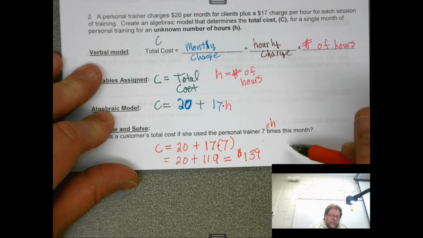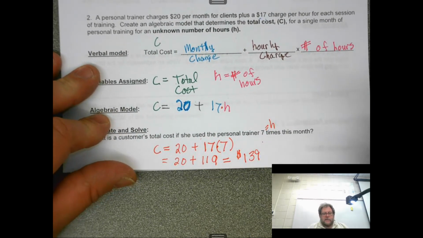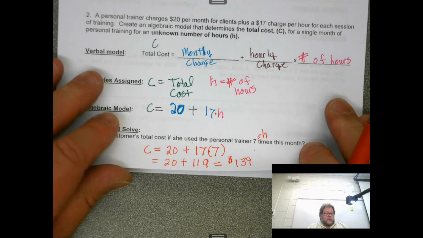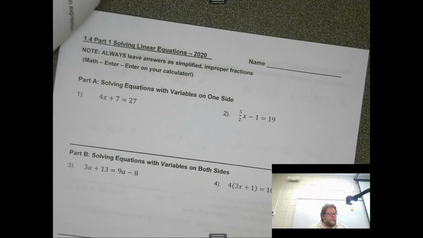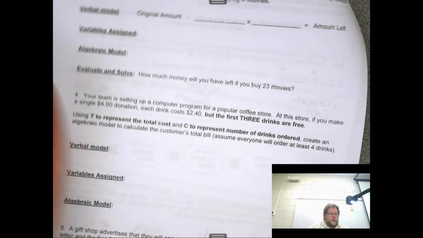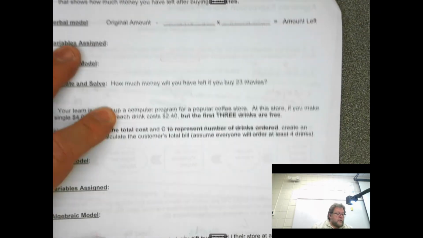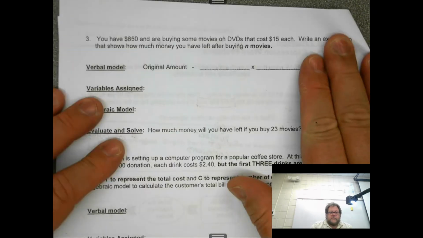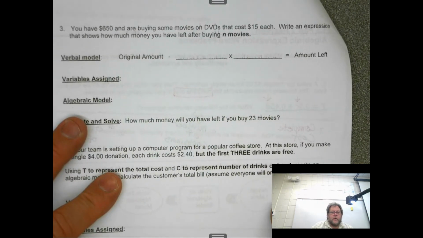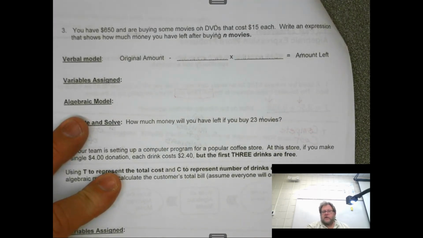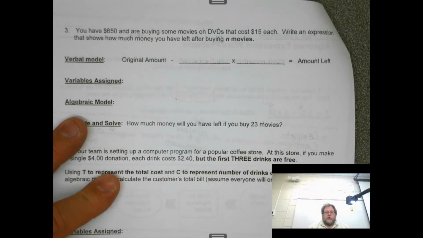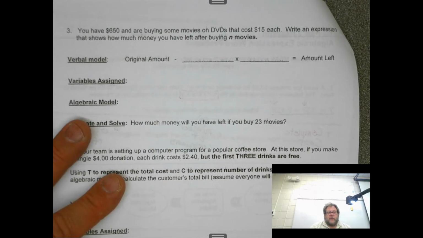Okay, number 3. You have $650 and you're buying some movies on DVDs that cost $15 each. Write an expression that shows how much money you have left after buying N movies. Okay, so we're going to make an original verbal model, and we're going to start by the original amount. So our original amount, and then we're going to buy some DVDs.